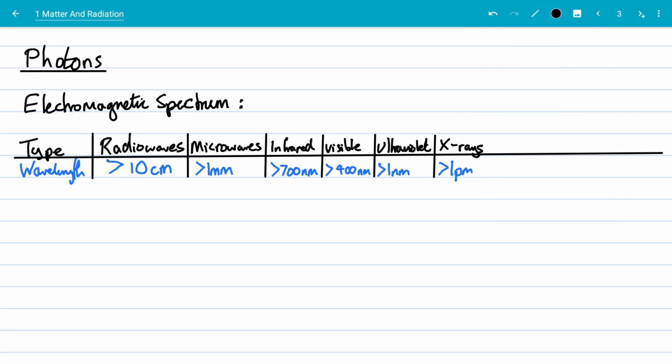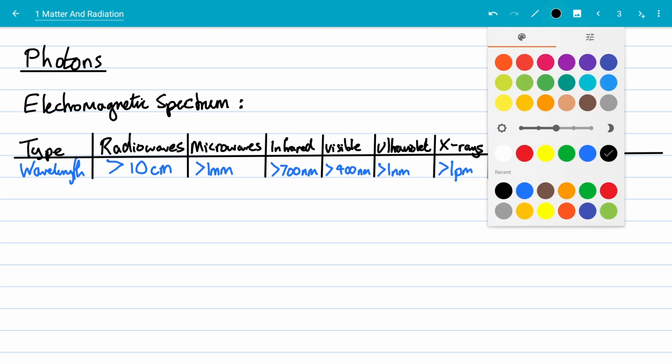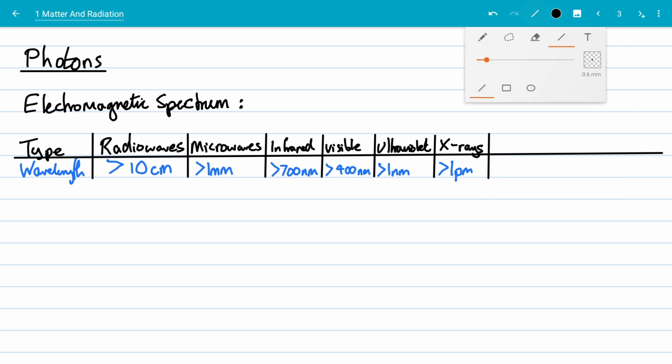I might have to write that down in my notes if I haven't remembered these prefixes, but I can do that later. And then we have the odd one out, which is gamma radiation. What makes gamma radiation so different is that gamma rays, spell it right, do not come from electrons being de-excited.